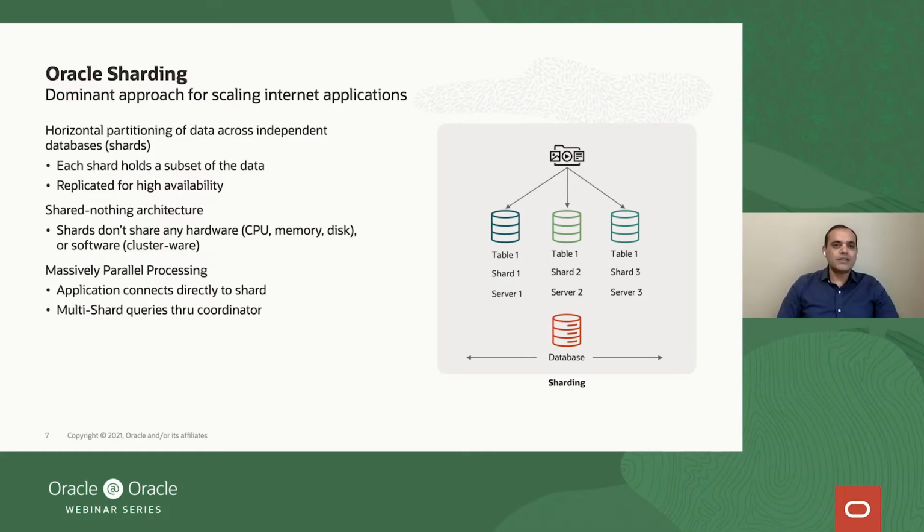Effectively, it is horizontal partitioning of data across independent databases. And as Matt alluded to earlier, each of these database instances holds a subset of data. And there is no single point of failure in this architecture as we look further. So all shards are protected for high availability and disaster recovery.